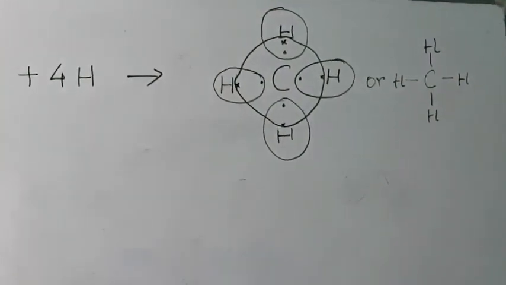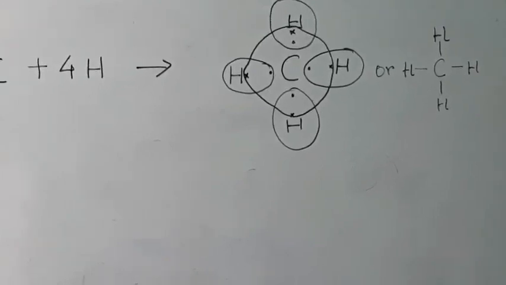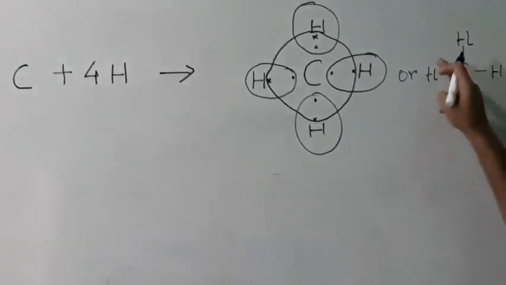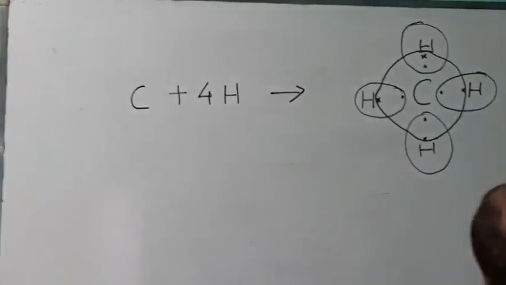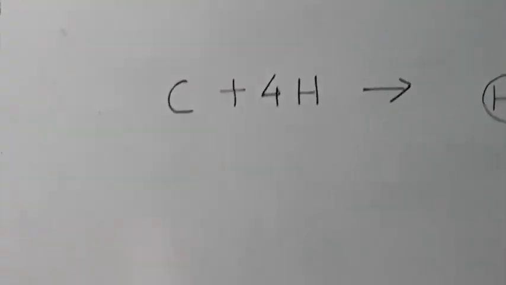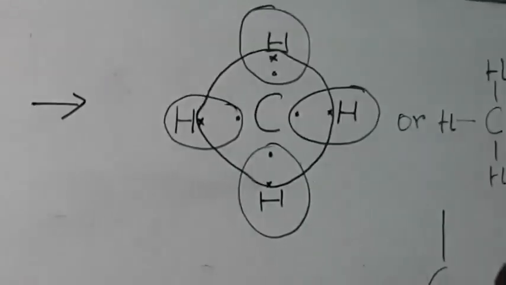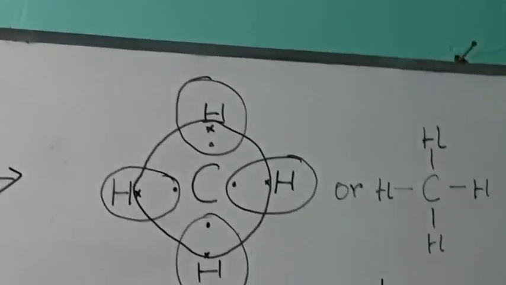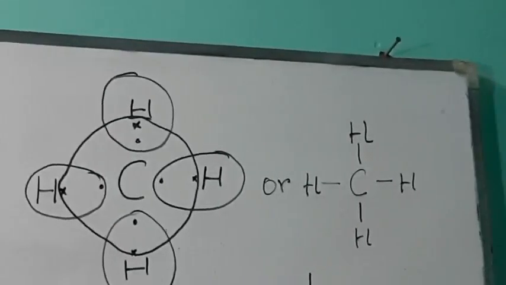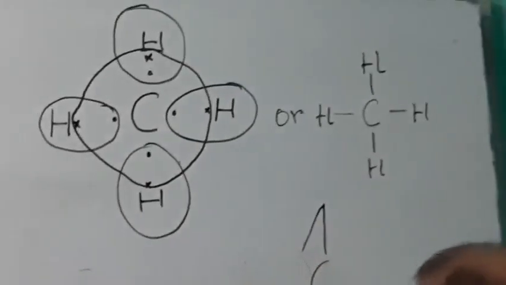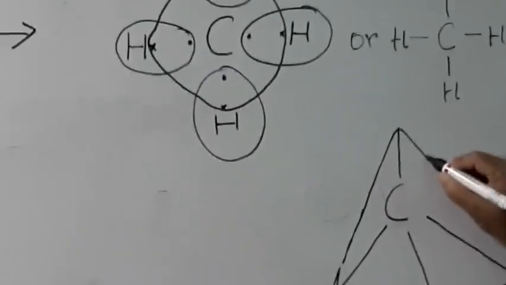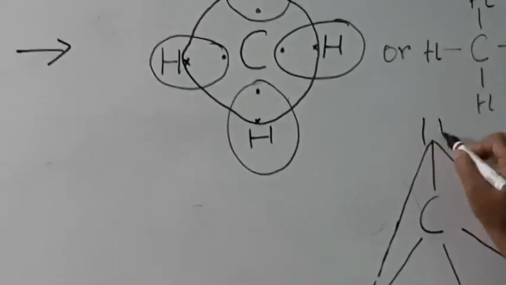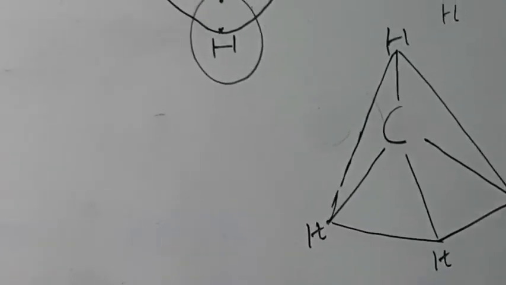Now these 4 bonds are arranged in a tetrahedron fashion. These 4 bonds are arranged toward the 4 corners of a tetrahedron, and each corner has a hydrogen, so 4 hydrogen atoms are there.